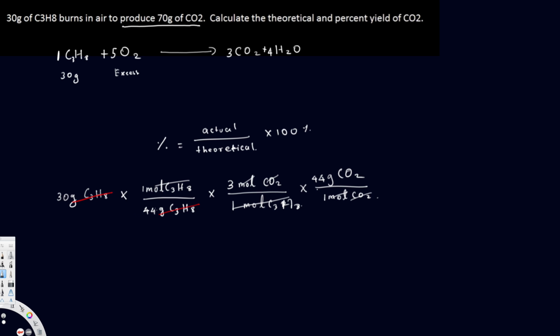And if you notice, we have 44, 44. We can simply cancel this one. And the answer for this one is 30 times 3, and that's going to be 90 grams of CO2. So this is what the 30 gram of C3H8 produces. So this is the maximum amount that can be produced using this 30 gram of C3H8.